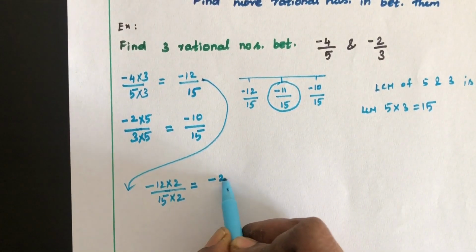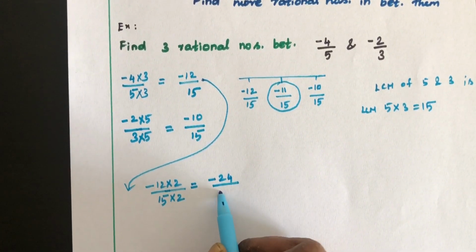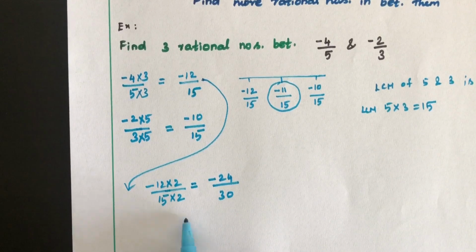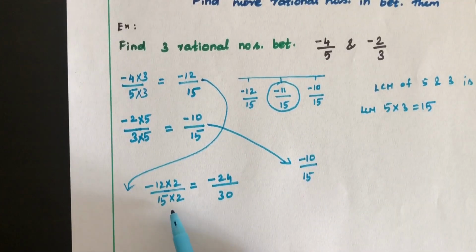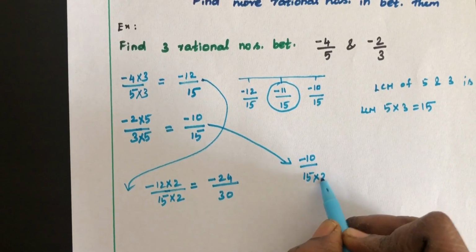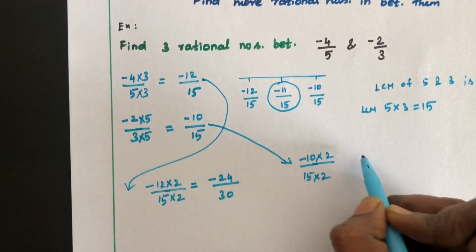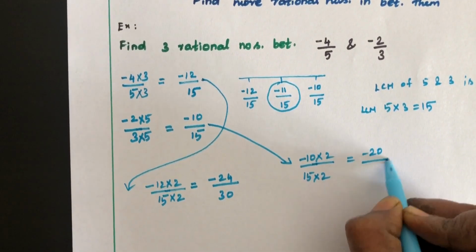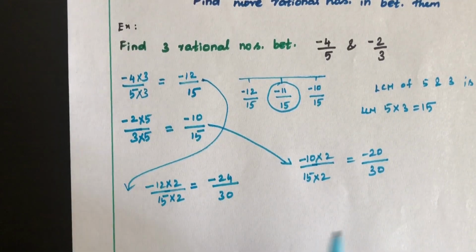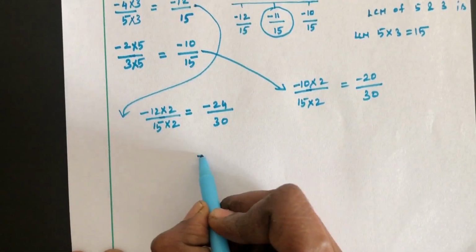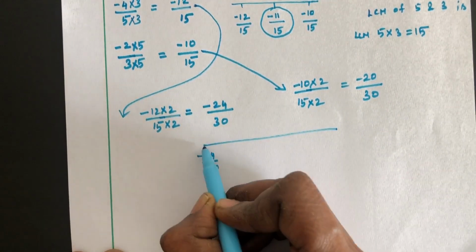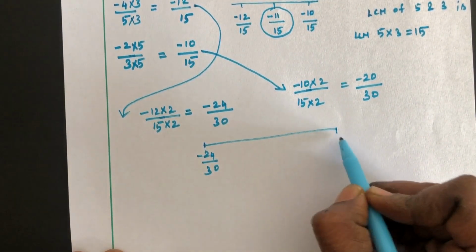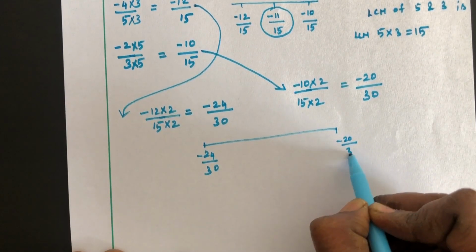So this becomes minus 24 by 30, right? I changed this. Now I am going to change this to make the same denominator, multiply with the same number, 2, here also 2. This is minus 20 by 30. Now listen here. This is minus 24 by 30. Just think of a number line. This is minus 20 by 30.